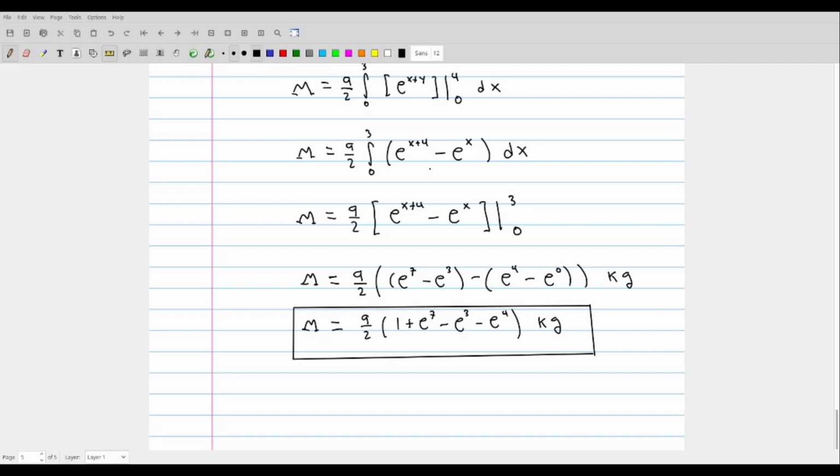If you want to approximate, you can also approximate. So this approximately comes out to around 4,600 kilograms. So this m, when you approximate, is approximately equal to 4,603.27 kilograms.